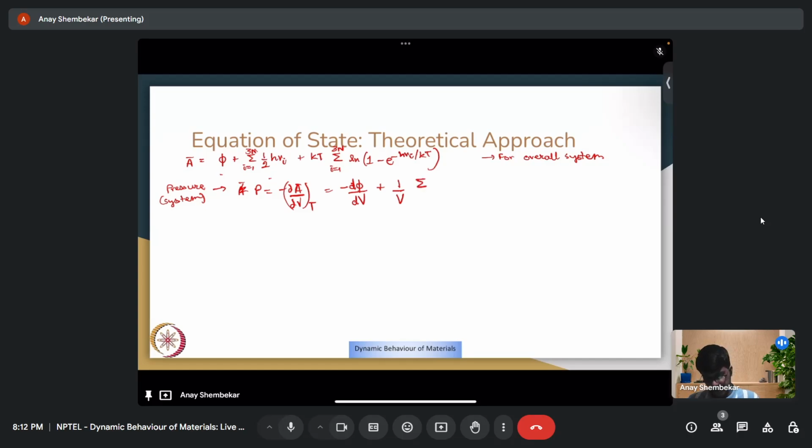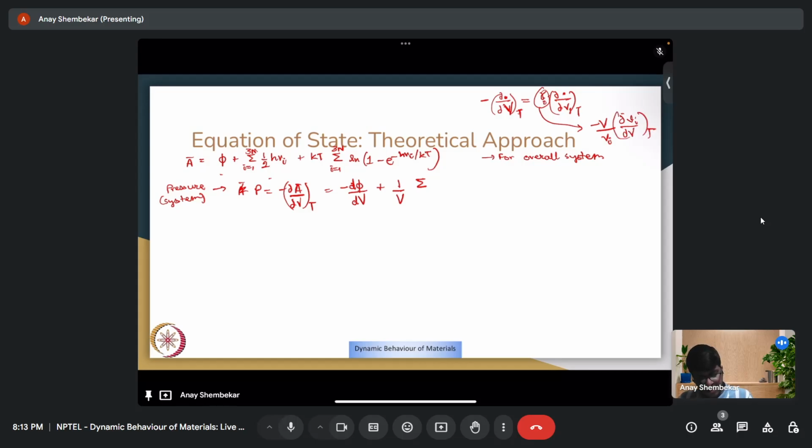So instead of doing dou by dou V, we do, sorry, this is volume, we do it as dou by dou V is gamma dou by dou nu at T, where gamma is minus V by nu i, dou nu i by dou V at T.